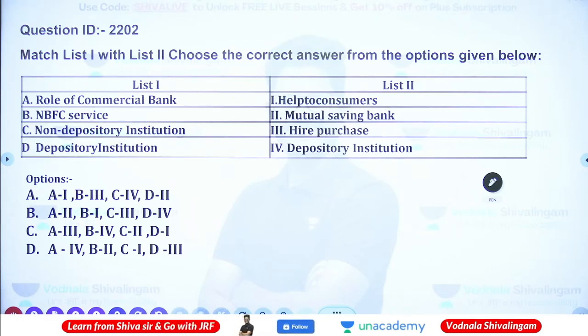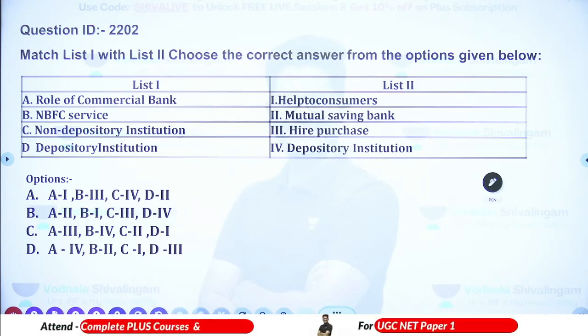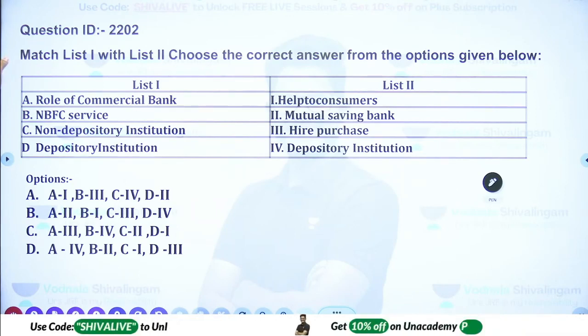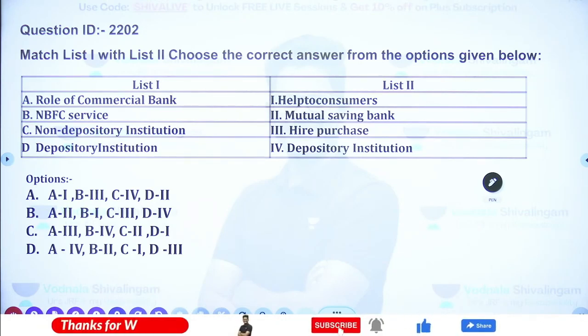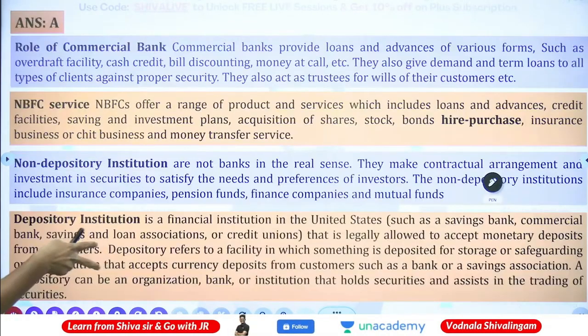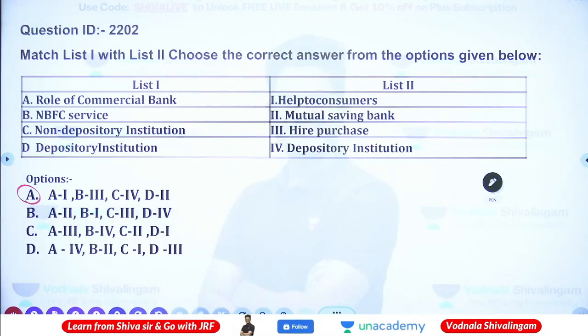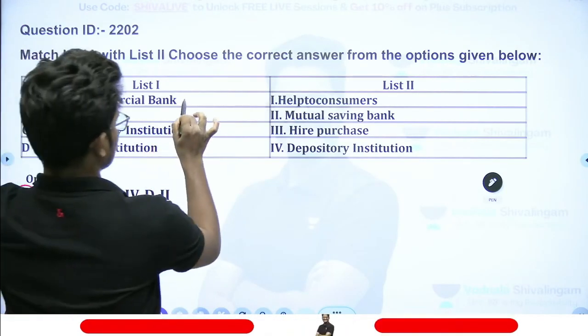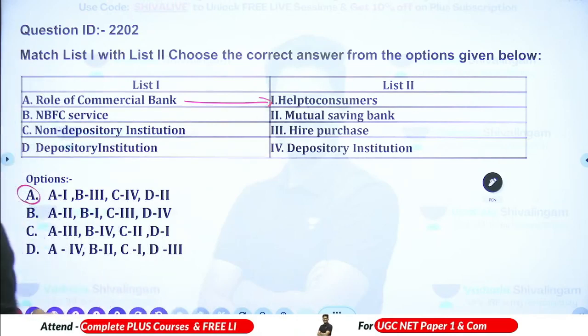Types of bank are given in list 2. So the answer is A. The role of a commercial bank is helping the customers.